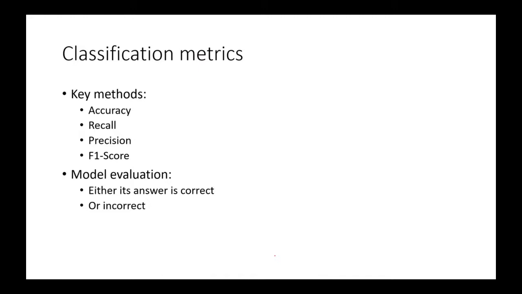So, some of the key classification metrics. Accuracy. I'm pretty sure most of you have heard or used the term accuracy before, right? But there are other metrics as well which are complementary to accuracy: recall, precision, and the F1 score.